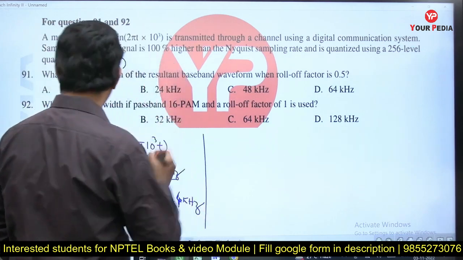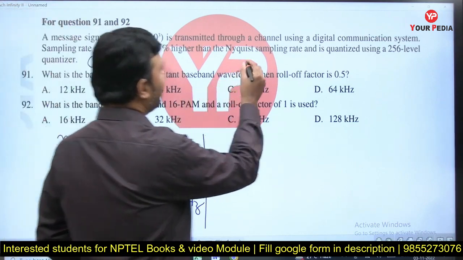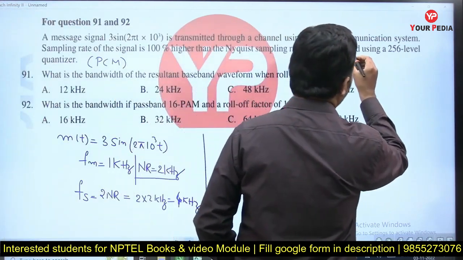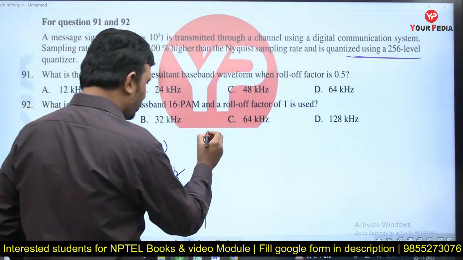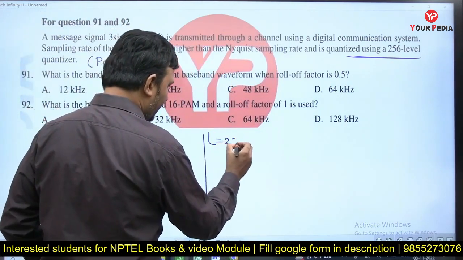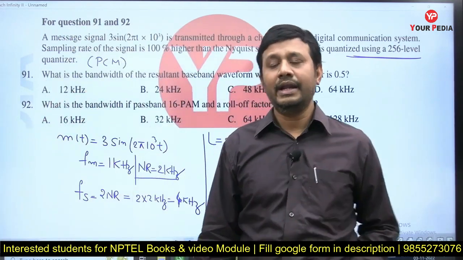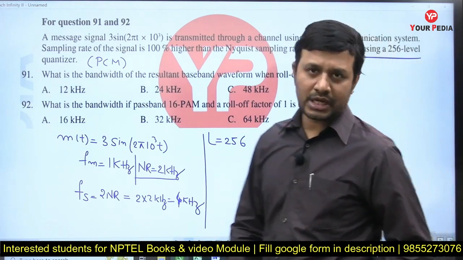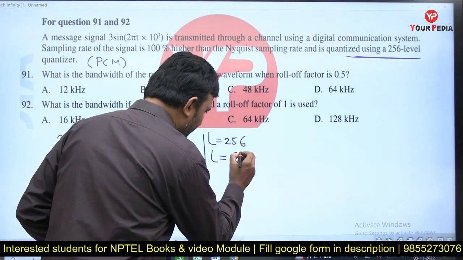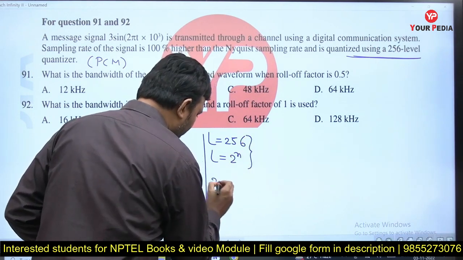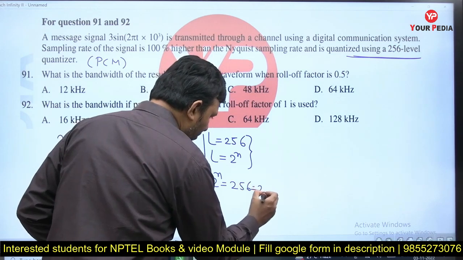Now after this, what information did he give? It is first sampled and quantized. How many level quantizer did he take? A 256 level quantizer. We know that the number of bits and the number of quantization levels are related like this: L is equal to 2 power n. Equating, 2 power n is equal to 256, which can be written as 2 power 8.